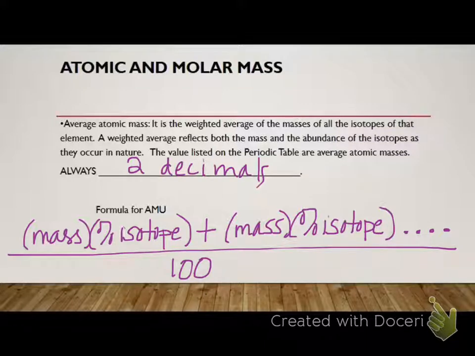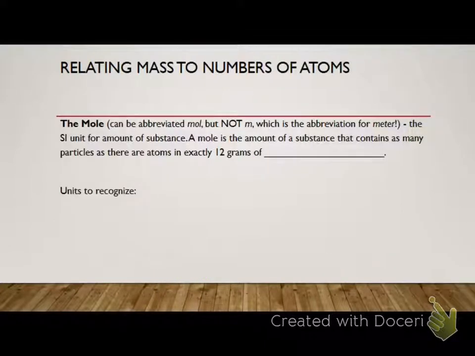So I'm going to do an example off the worksheet. We're going to do number 2. Number 2 on your worksheet says 3 isotopes of magnesium occur in nature, and it has their abundances listed. We're going to take those isotopes and multiply mass times abundance, and then divide by 100.